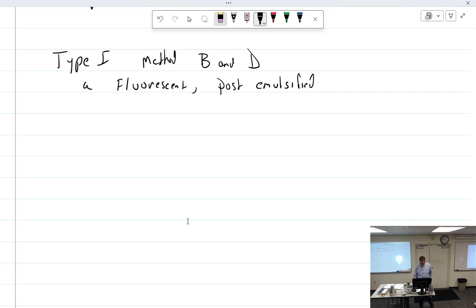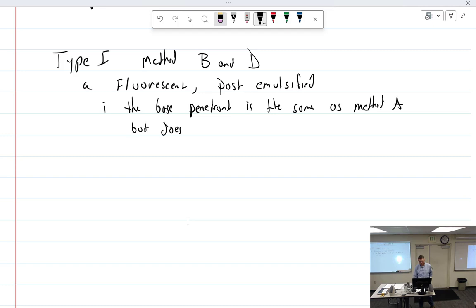Let me see. I think it's the base penetrant. The base penetrant is the same as Method A, but does not have an emulsifier.